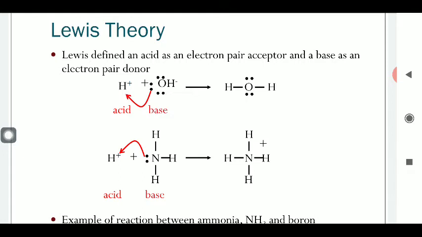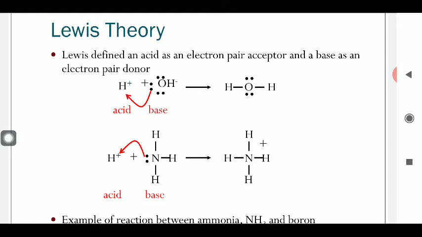But according to Bronsted and Lowry, bases are those compounds which can accept the H positive ion. So regarding bases, the Arrhenius concept and the Lowry concept give different explanations, but for acids, both give the same statement, and that's why you have to count this point here.